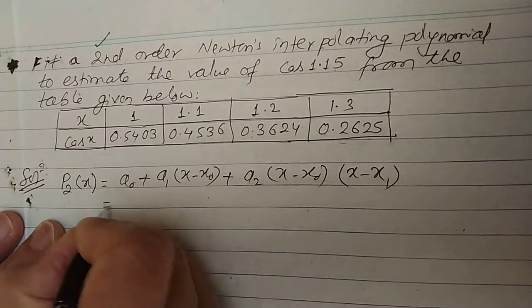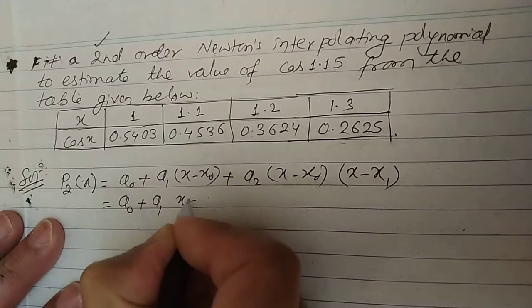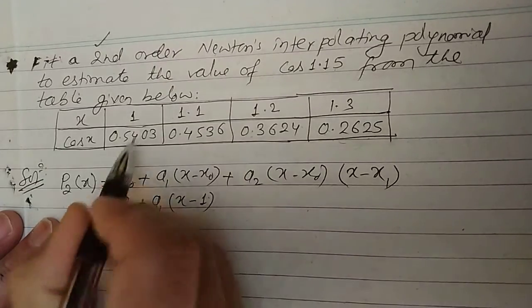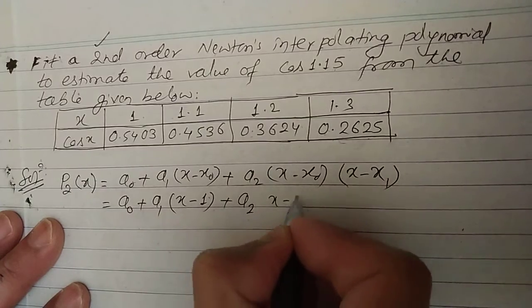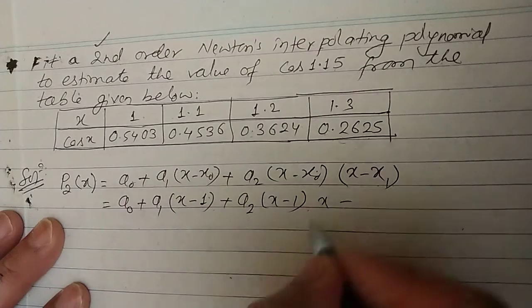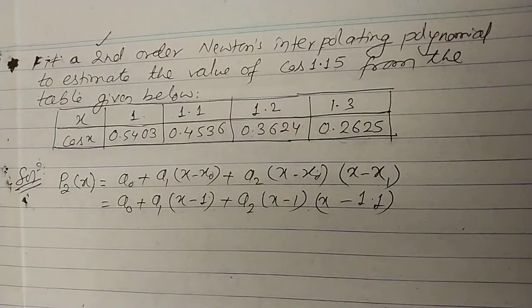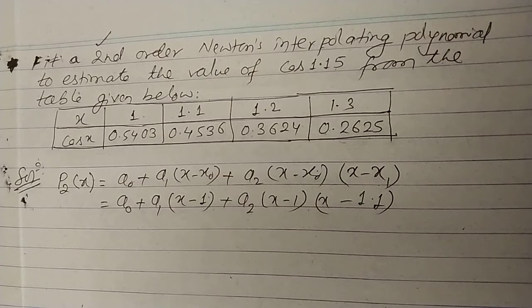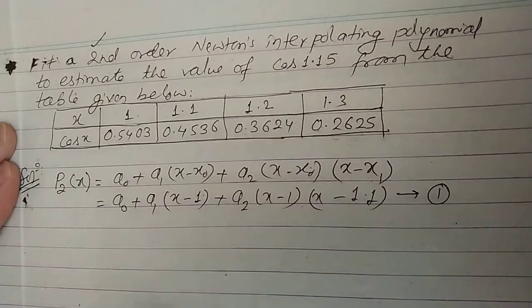So let me write down the values. a0, we'll need to find out a0, a1. x minus x0, x0 is given in the question as 1, this is x0, plus a2, x minus 1, x0 is 1 and x minus x1 is 1.1. All right, we'll call this equation number 1.